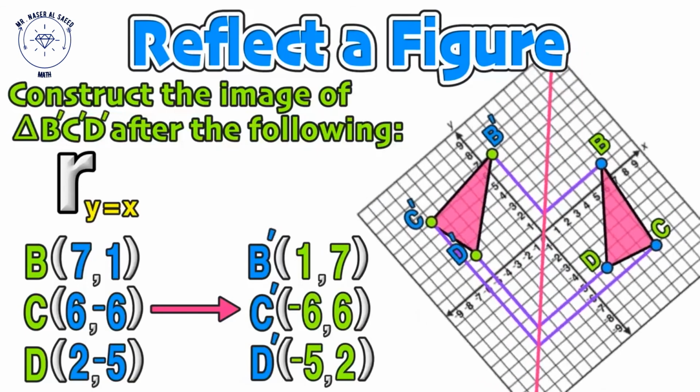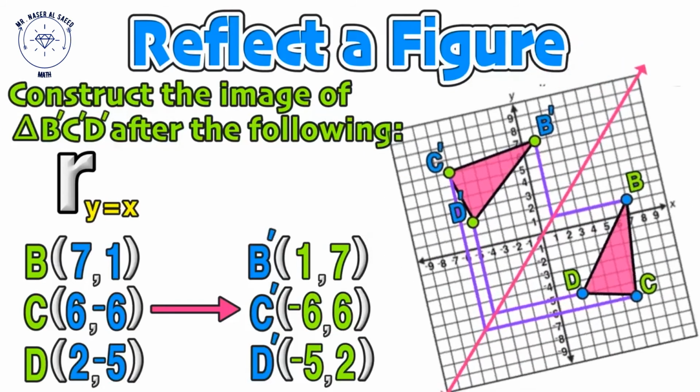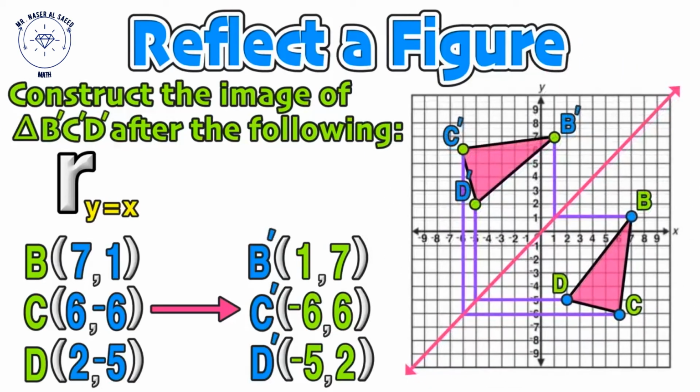Now we can compare the pre-image and the image after the reflection by turning the graph and seeing just how these two figures are reflected over the line y = x.